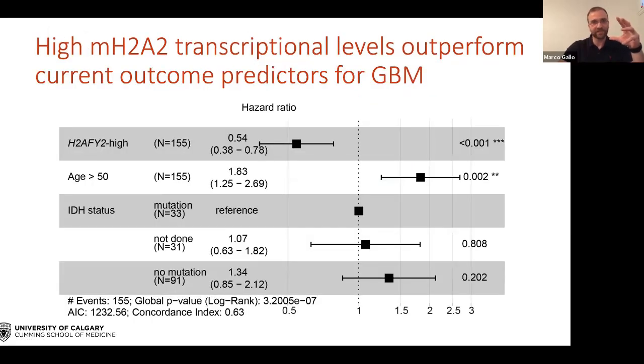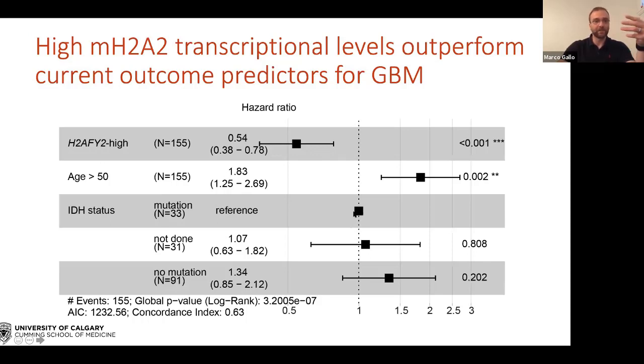And we tried to assess how good a predictor macroH2A2 transcriptional level is for the prognosis of a patient. So we benchmarked the positive prognostic factor, high transcription levels of macroH2A2, against IDH1 status.